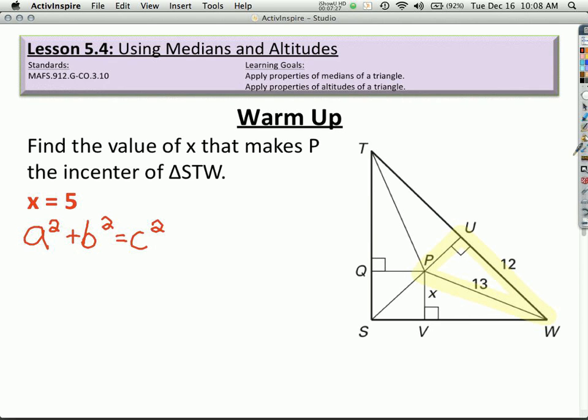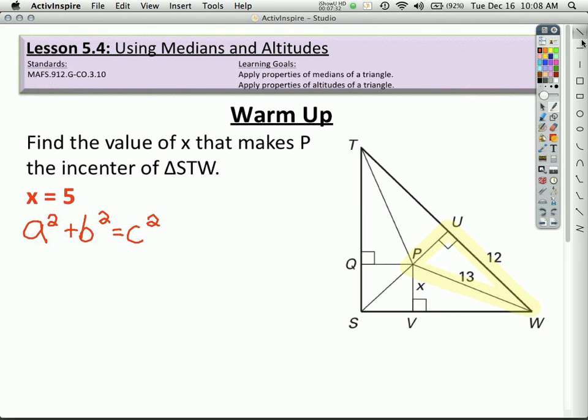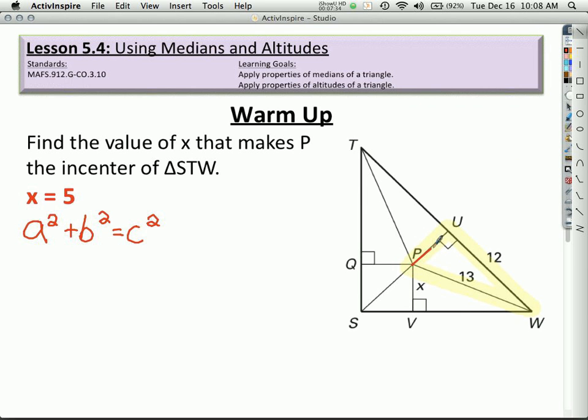Okay, so the question is, why are they equal? So she is saying that that distance is equal to that distance. Why is that an accurate statement? Remember, everything that we do requires evidence and support. Why is that an accurate statement?